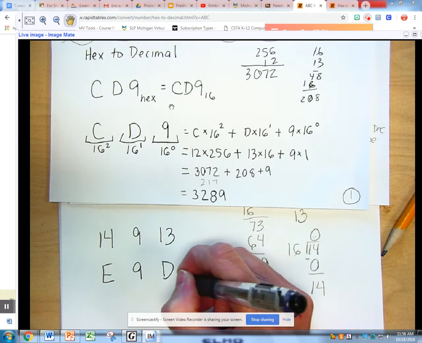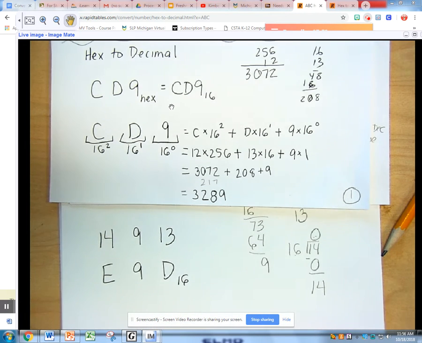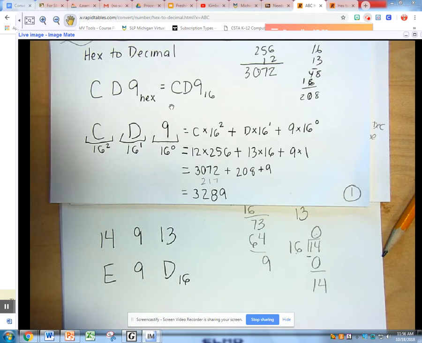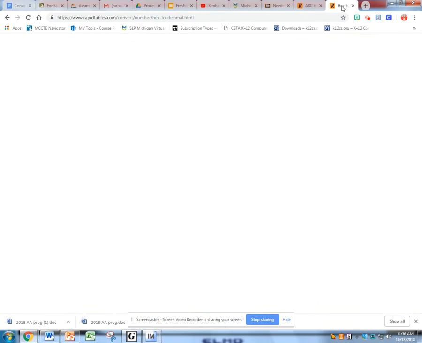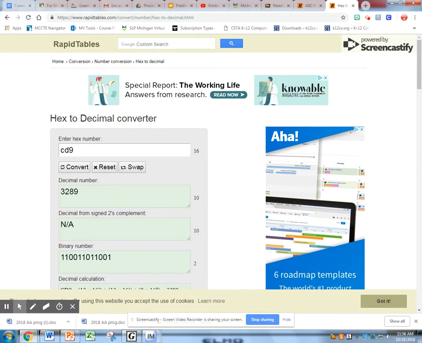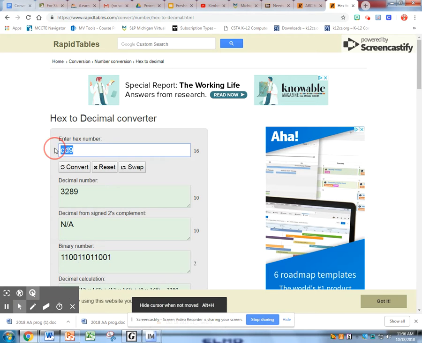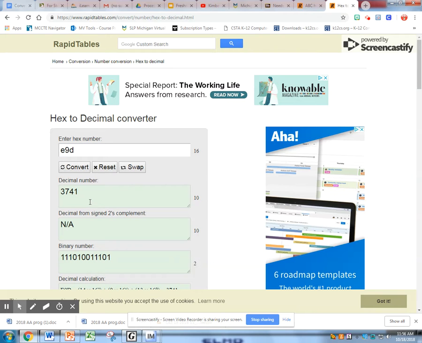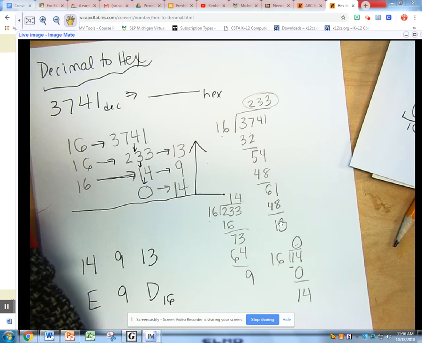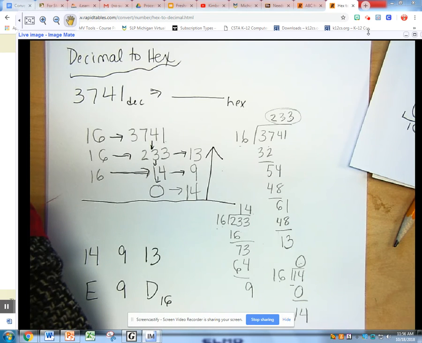D. And that's base 16 or hex. Now we can always go check that by using our converter. Let's do it backwards. So I'm going to type in E9D and 3741. That is the number we started with. So we did it all correctly. And that's that.